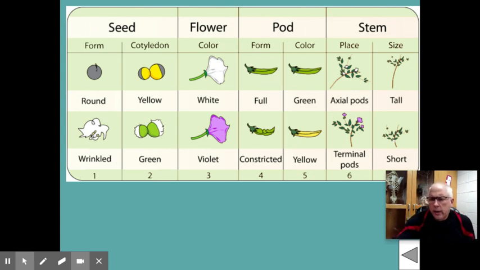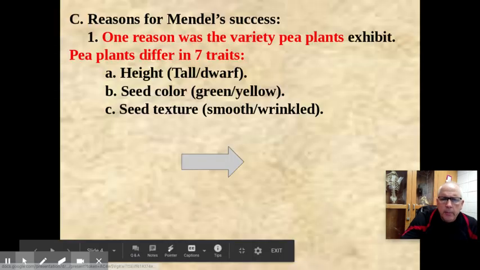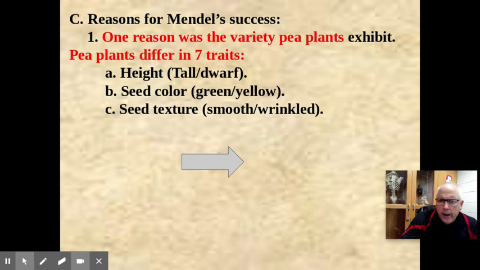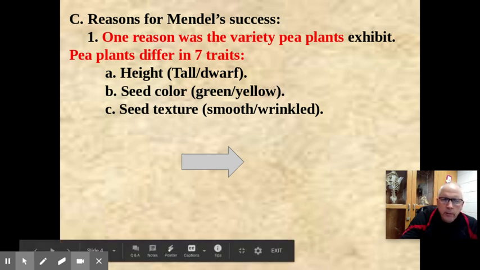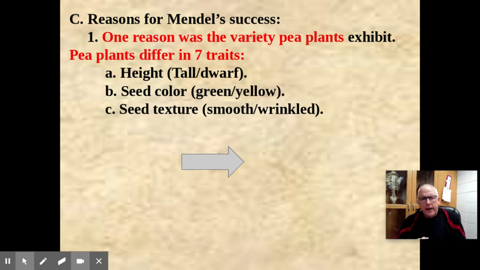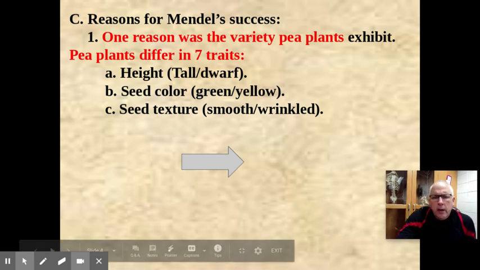You can easily go out and make observations. And remember, Mendel's making these observations and writing them out by hand. No computer, no spreadsheets, no fancy ways of collecting this data. It was the old-fashioned go out and make your observations and write them down, right? So he picked a perfect plant.